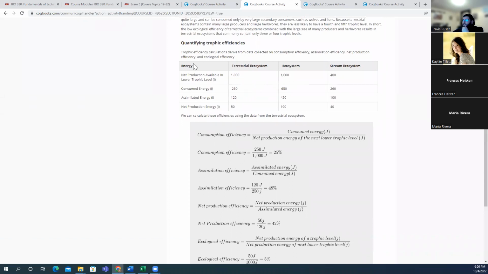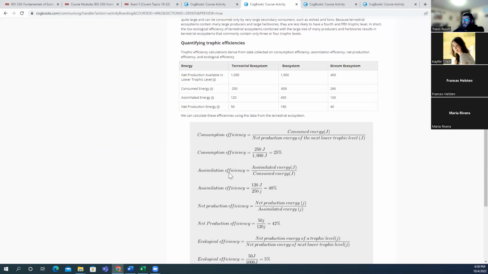You're going to see some type of table like this that's pre-filled out. To some extent, it might be missing one of the columns, or it might just give you some of the columns, and it's going to have you say, calculate the consumption efficiency for the terrestrial ecosystem, the stream ecosystem, and then this third ecosystem. And it might just ask you to calculate assimilation efficiency.